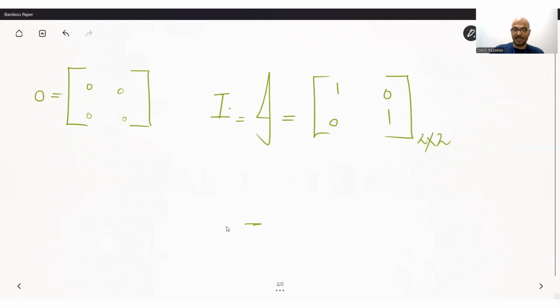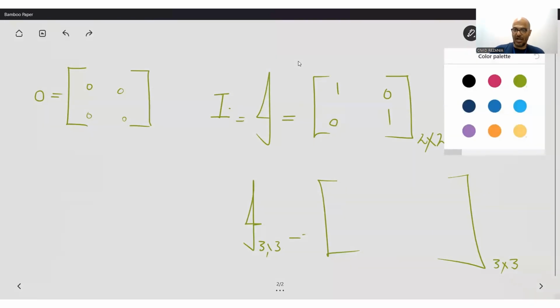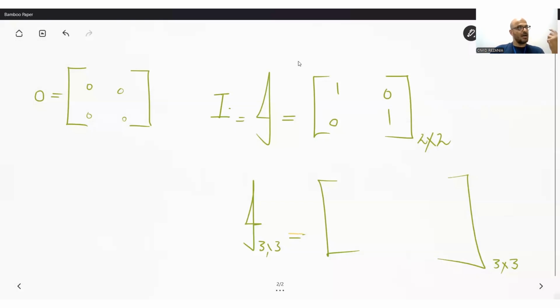If I have, for example, an identity matrix which is 3 by 3, it means I have a matrix with 3 rows and 3 columns. Identity matrix of order 3 means that every element is 0 except the main diagonal.